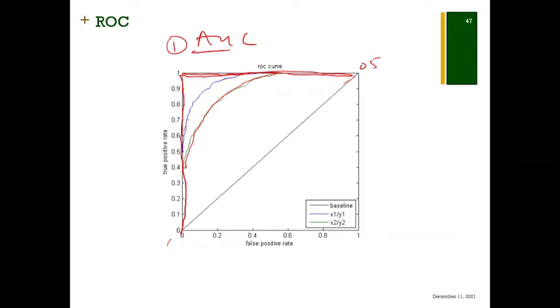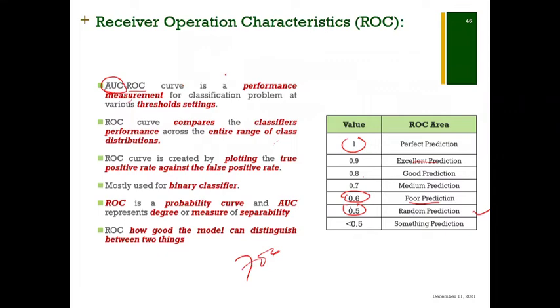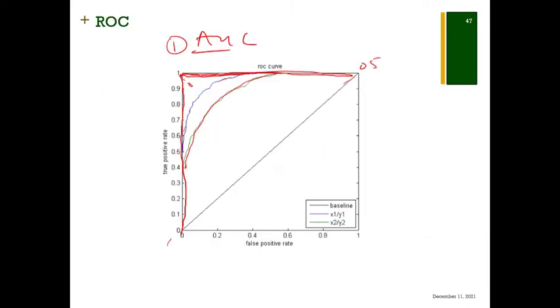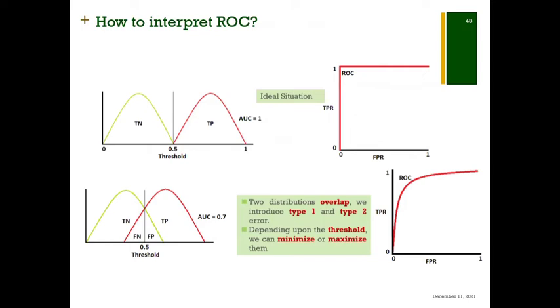So the closer you are to this particular angle, to the point that you have a perfect match with this, then we say this is the one we refer to as perfect prediction, depending on the problem we are solving. So in addition to accuracy and confusion matrix, it's good to also show your ROC or AUC, as the case may be.